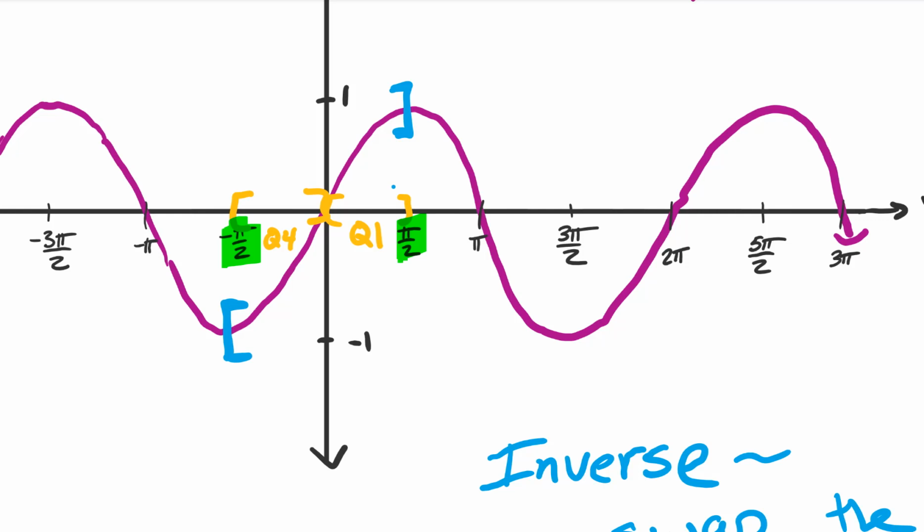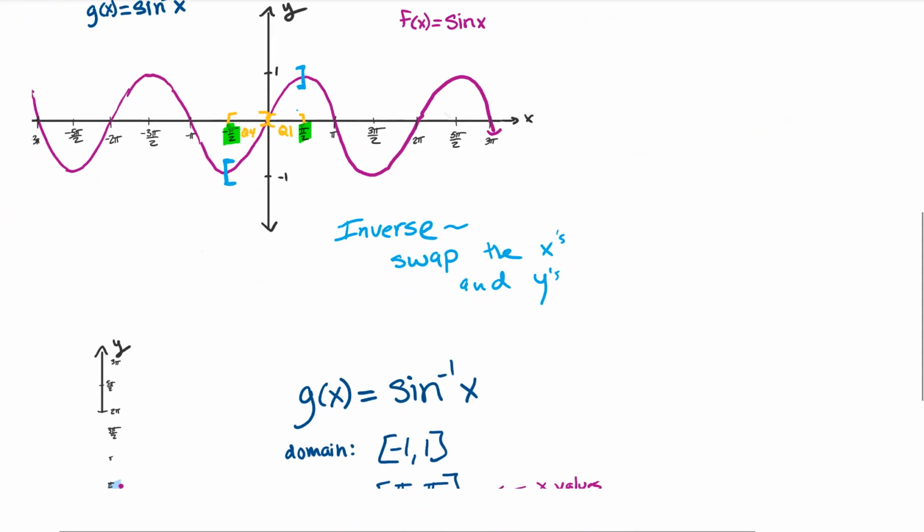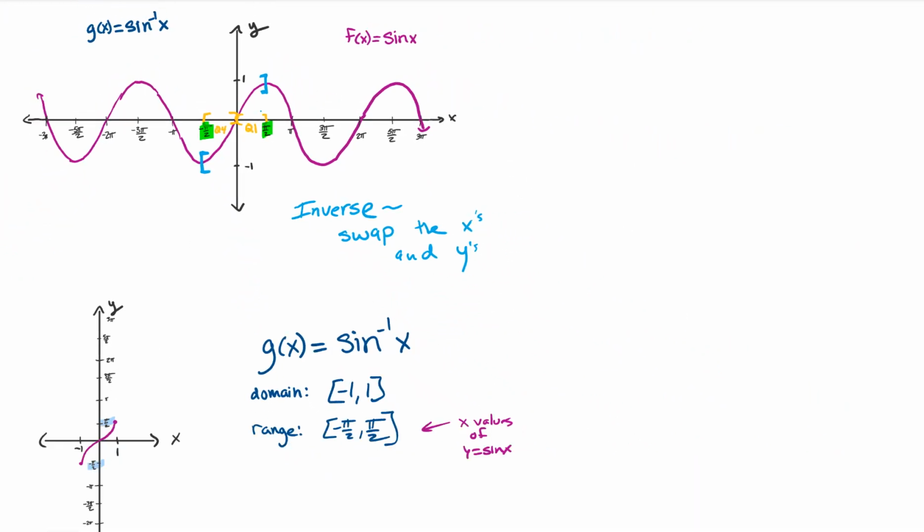That's only quadrant 1 and quadrant 4. This is probably too much too soon, but the idea is that now our y values have to be between negative pi over 2 and pi over 2, which means this inverse sine of x, its answers are always between negative pi over 2 and pi over 2.